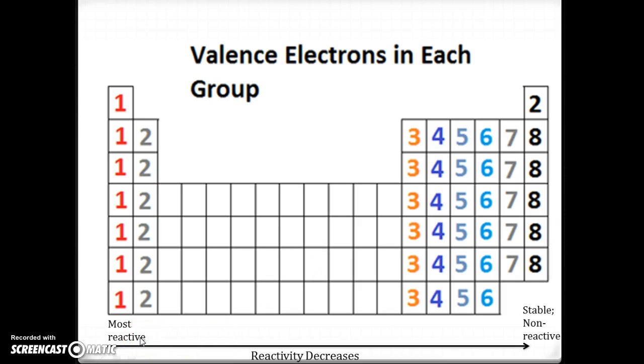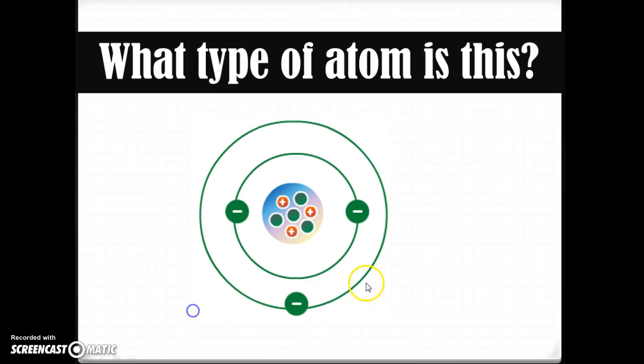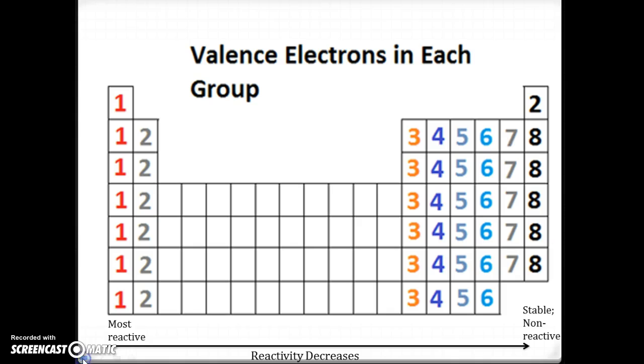Now, remember we told you that the valence electrons determine the atom's reactivity. So we're going to move from left to right. The left side of the periodic table, those atoms are most reactive and they have the least amount of valence electrons in their outermost shell.